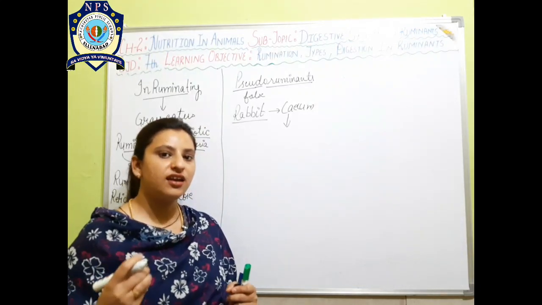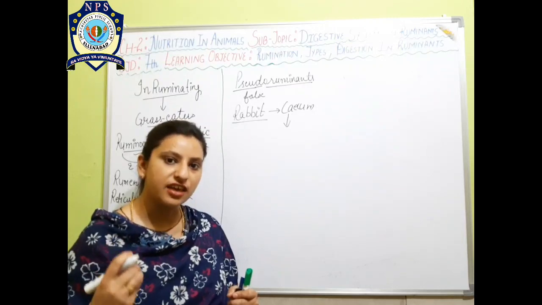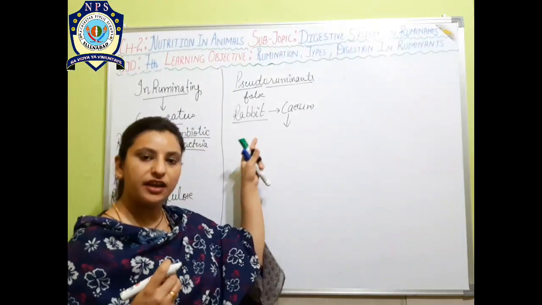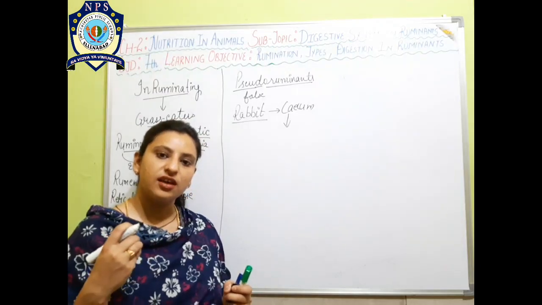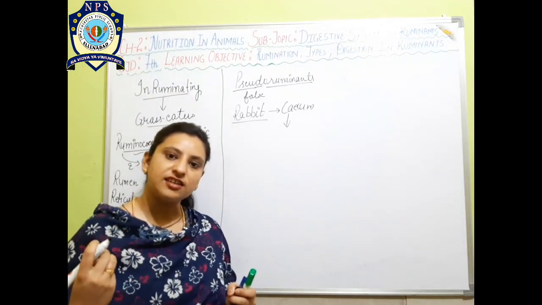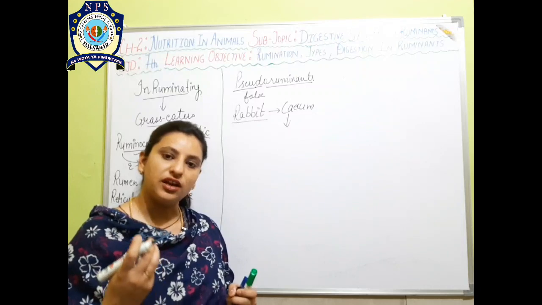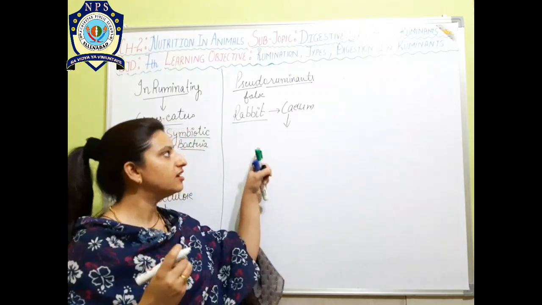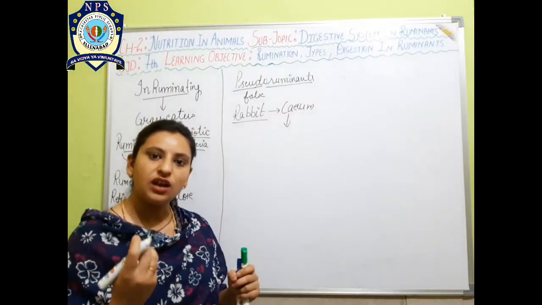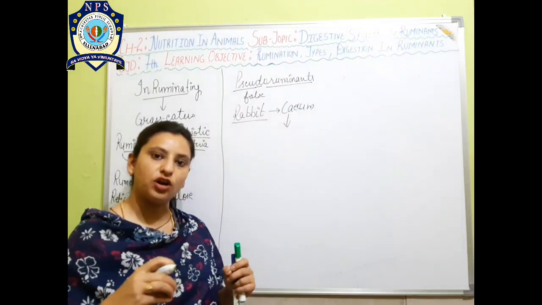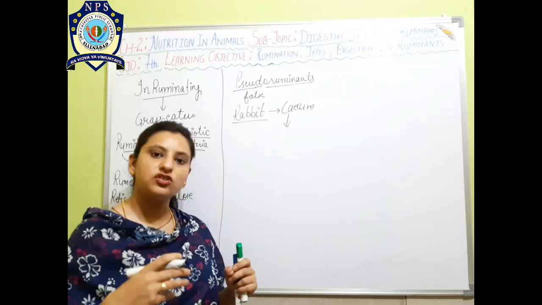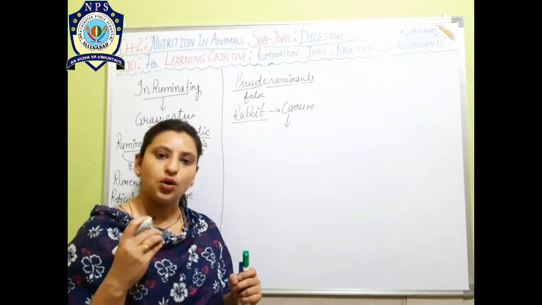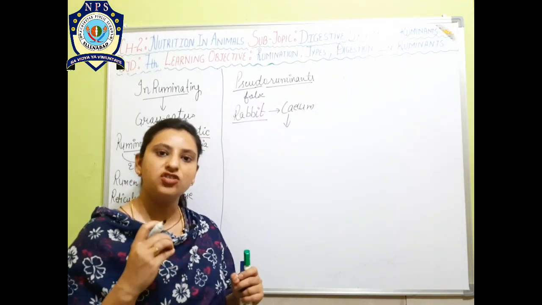So if the food is digested in the cecum of the rabbit, then it will not be absorbed as nutrients in the large intestine, and the nutrients digested in the cecum will pass out from the body in the form of fecal matter. So the fecal matter egested by the rabbit contains cellulose in it.